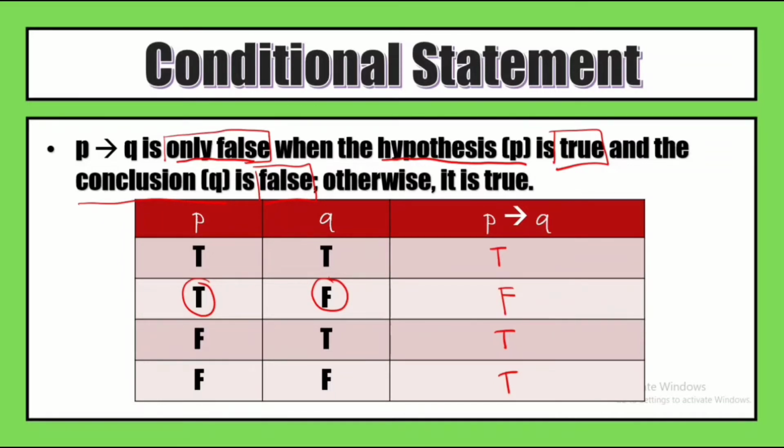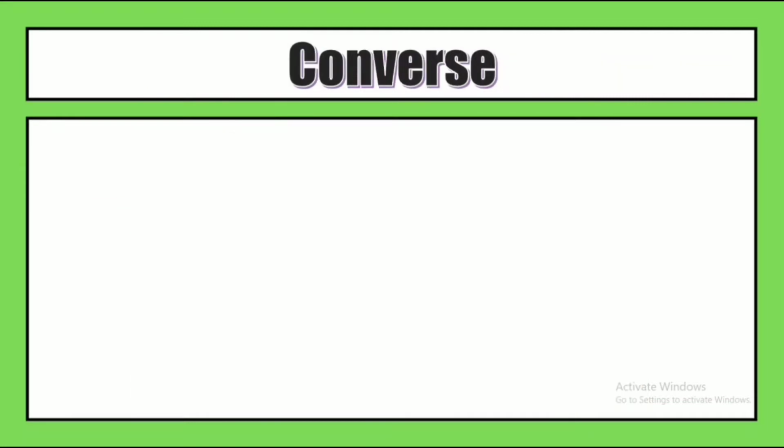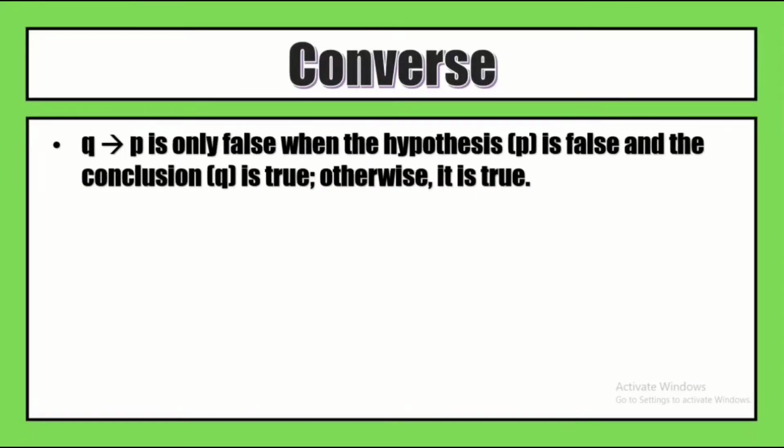Next example or the next statement is the converse, or how do we construct a truth table under the converse. Okay? Ito lang yung technique dyan. If Q, then P is only false when the hypothesis P or the premise P is false and the conclusion Q is true. Otherwise, it is true.